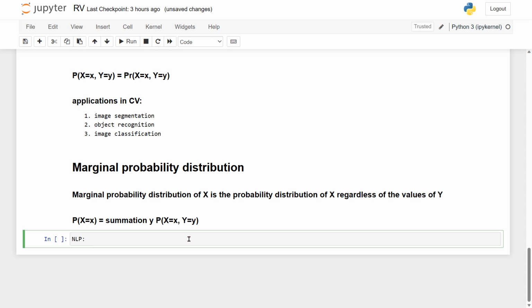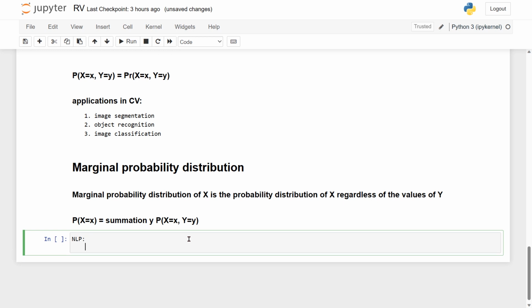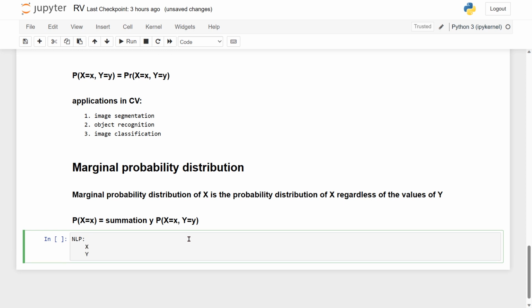We have a joint probability distribution of two random variables, capital X and capital Y, where X represents the words in a sentence, and Y represents the sentiment labels, as in sentiment analysis.